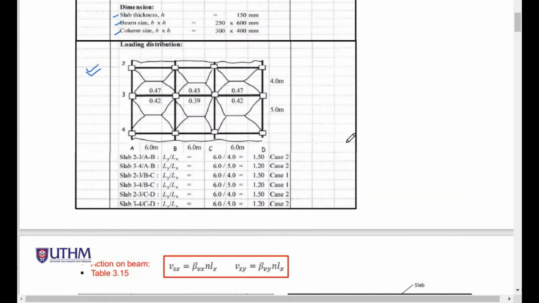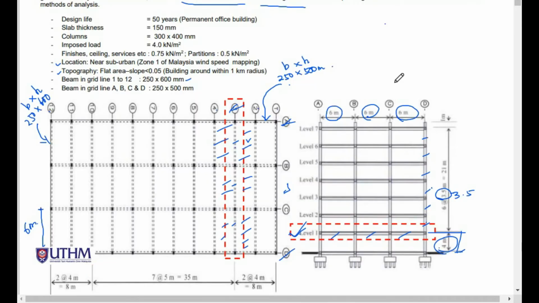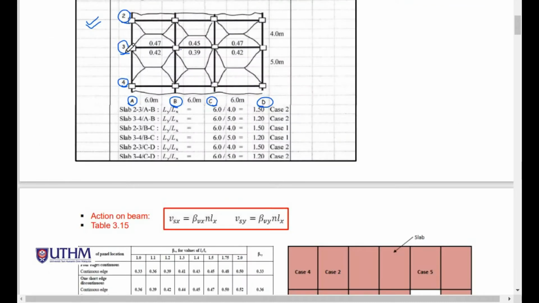First you need to check the long span to the shorter span, whether the ratio is less or more than 2. So for slab 2, 3, A, B. So this is A, B, C, and D, 4, 3, 2, this slab, and also A, B, C, D. Slab 2, 3, A, B here is slab number 1.